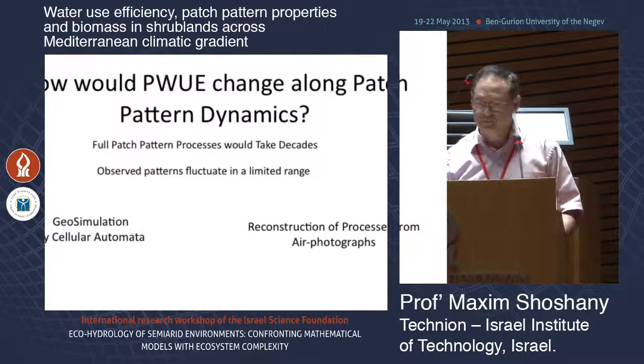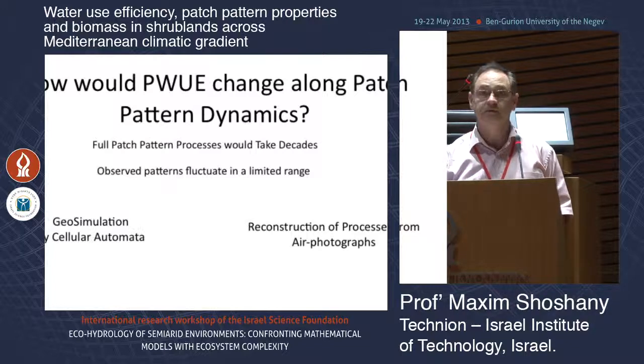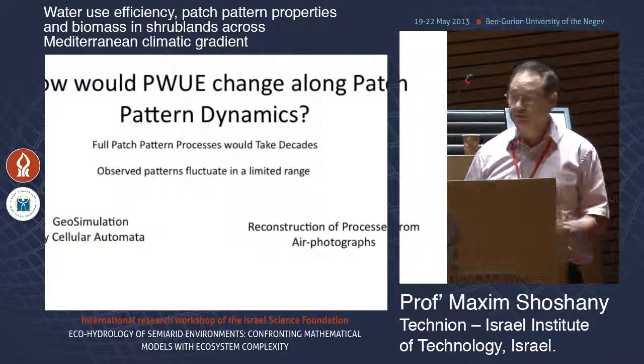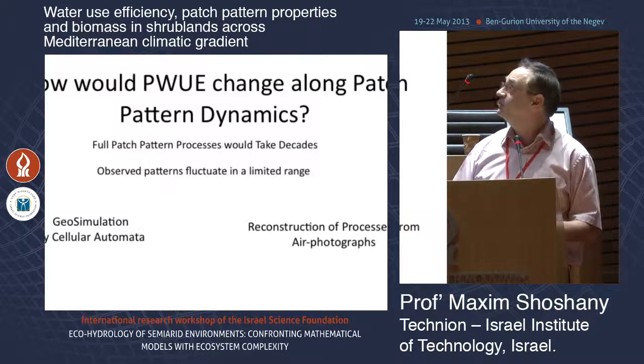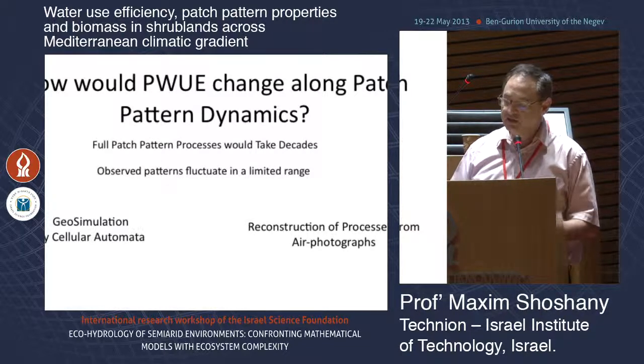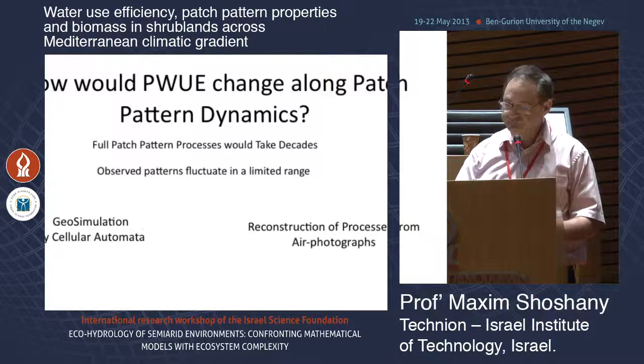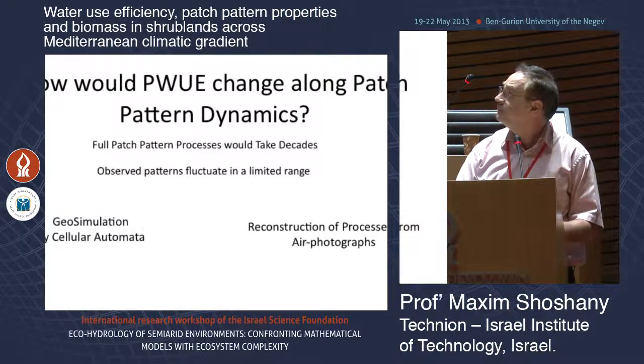So how would pattern water use efficiency change along patch pattern dynamics? We would like to see what would be the effect of the patch pattern water use efficiency along the pattern dynamics.